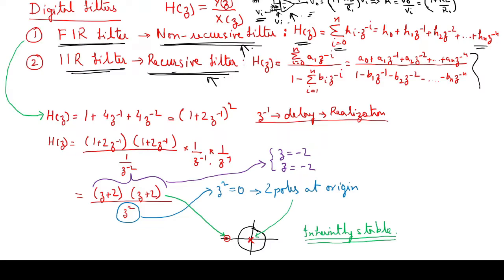Since the feedback values, present and past values, are not used for the computation of the present values, the implementation equation of the FIR filters becomes very easy, as compared to the IIR filter.